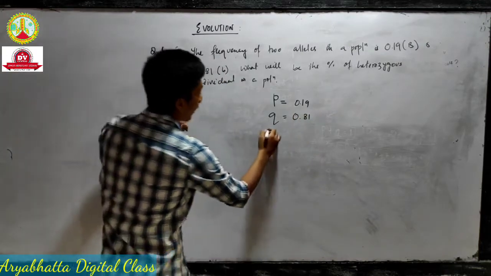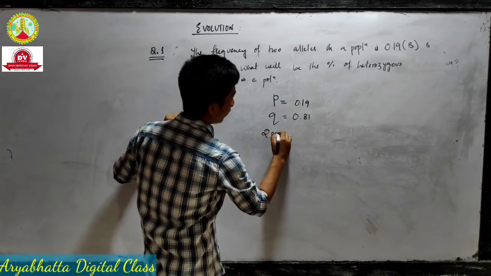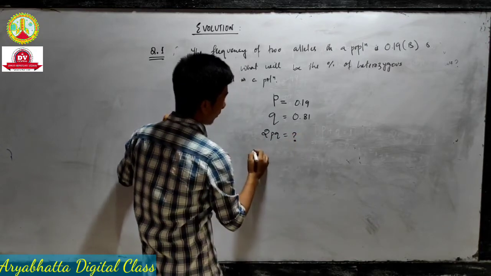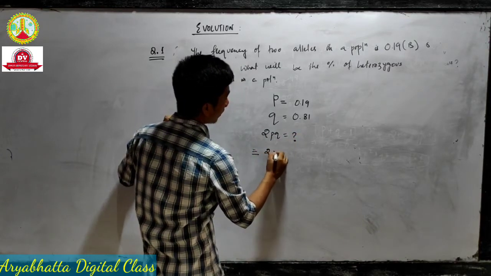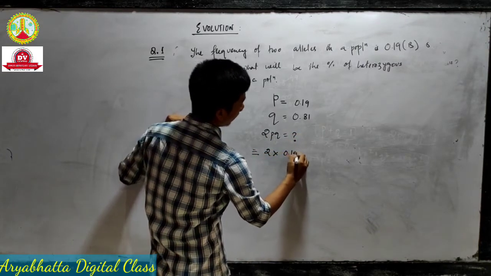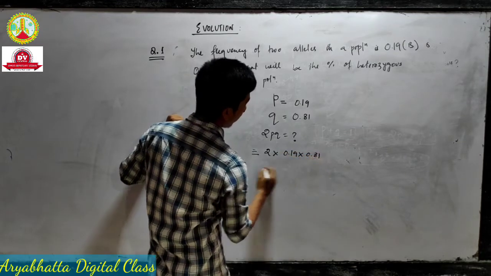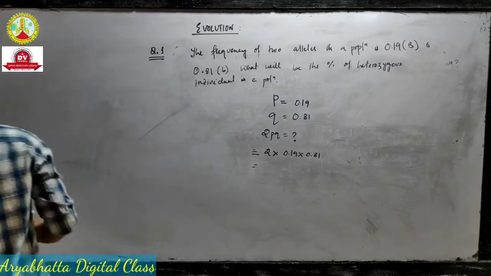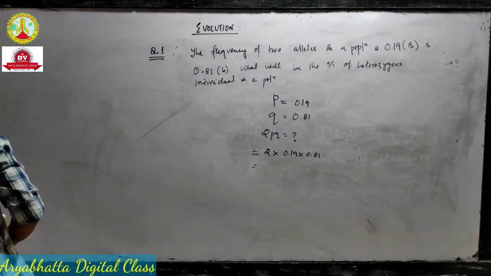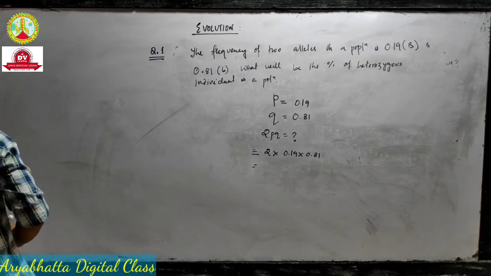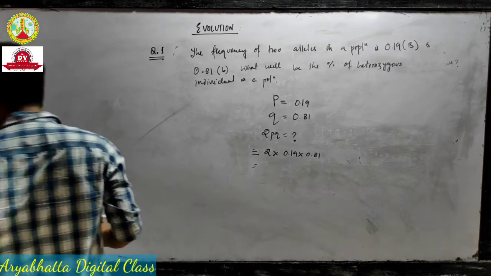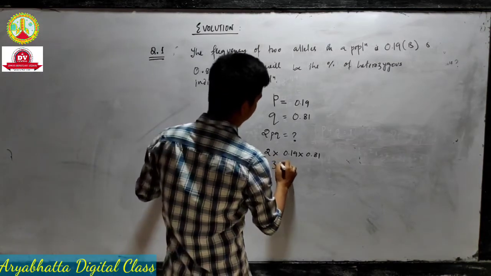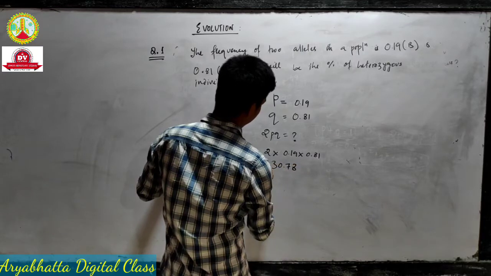So we need to find out the heterozygous individuals, that is 2pq. It's simple. Just multiply 2 into 0.19, and the q value is given as 0.81. Whatever value you get, convert it into a percentage. So you will get somehow 0.3078.